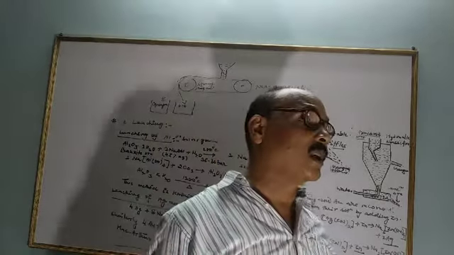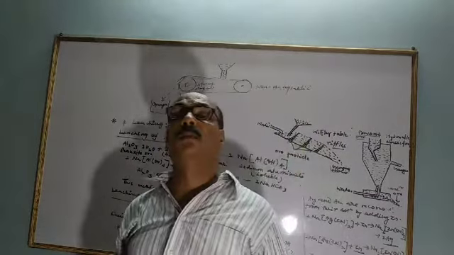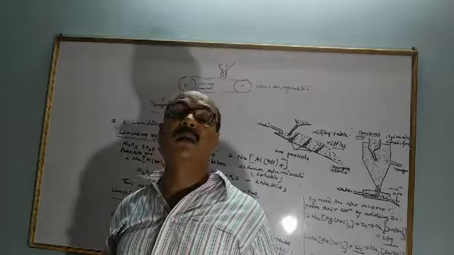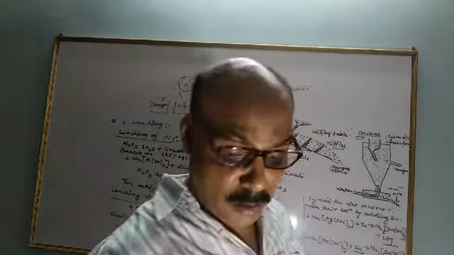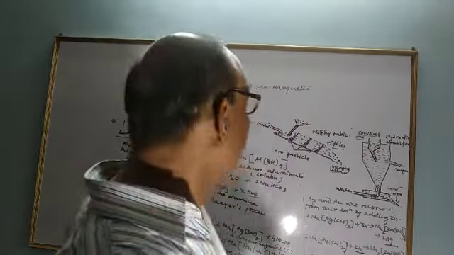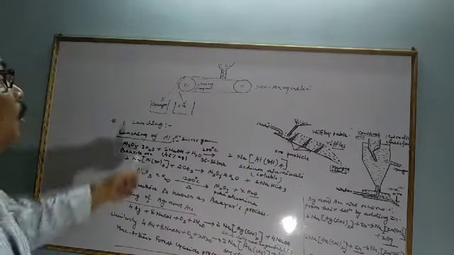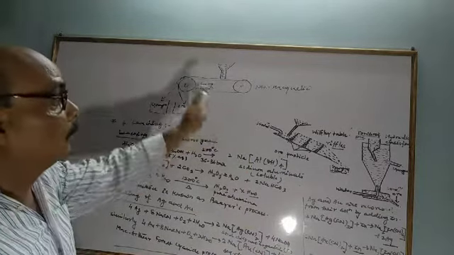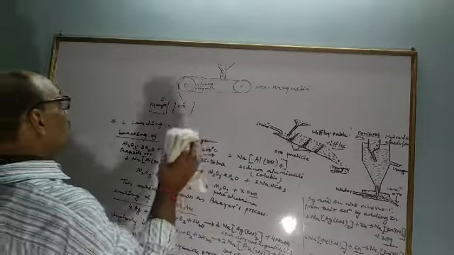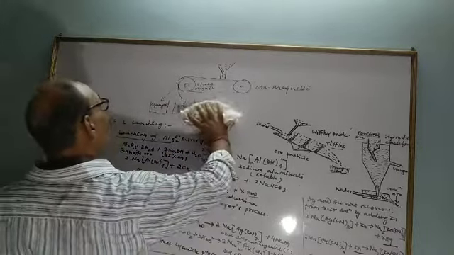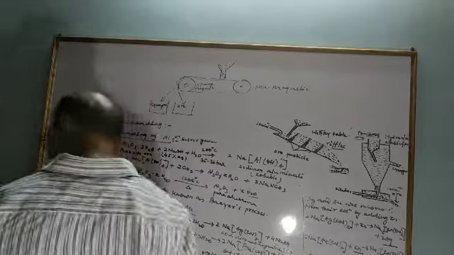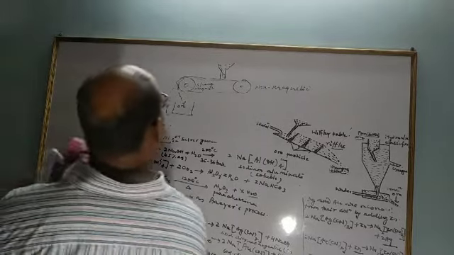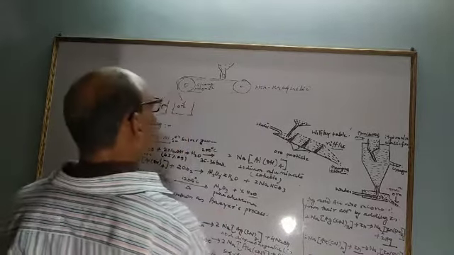So these are the substances: manganese, chromium, then iron. These are the substances which are strongly attracted by the magnet, and so for their concentration, the electromagnetic method is very suitable. Third method is called froth flotation method.